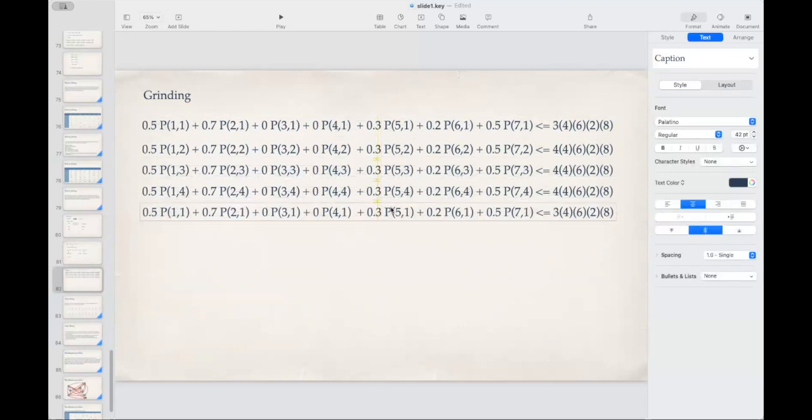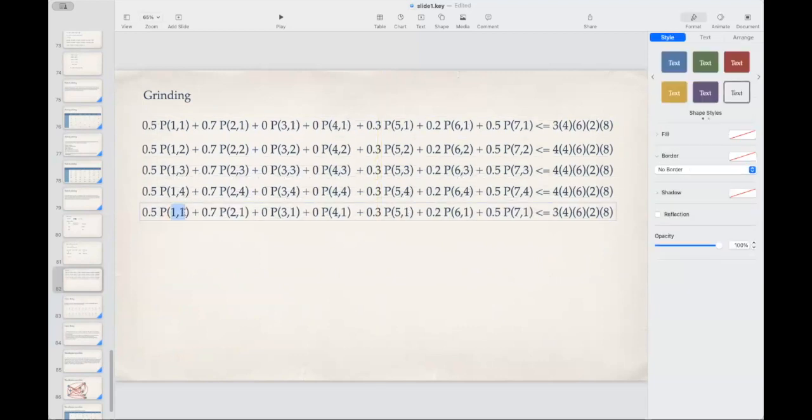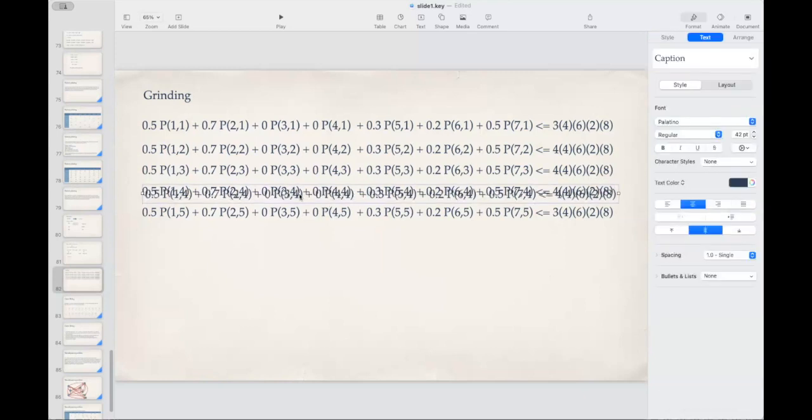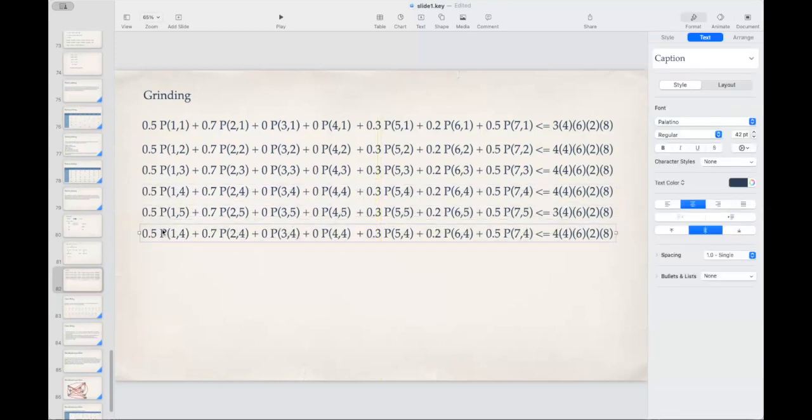For the 5th month, yeah, it should be this. Fifth, yes. P55, P65, and P. Right, it should be 3. And the last month, the 6th month, will be like this.